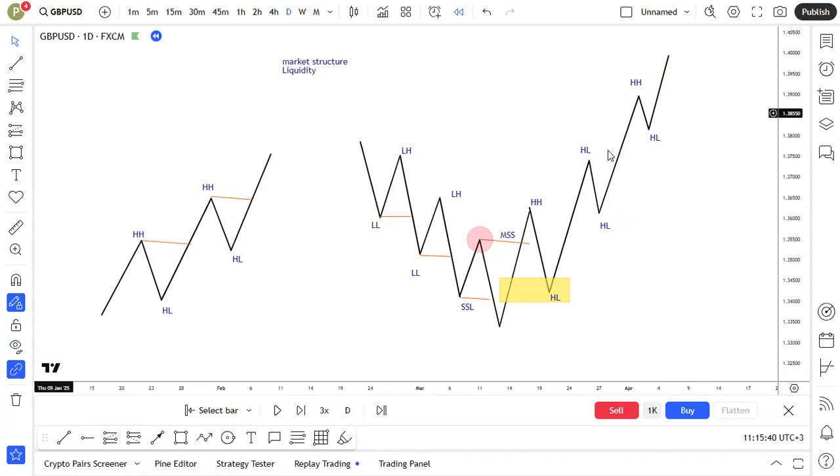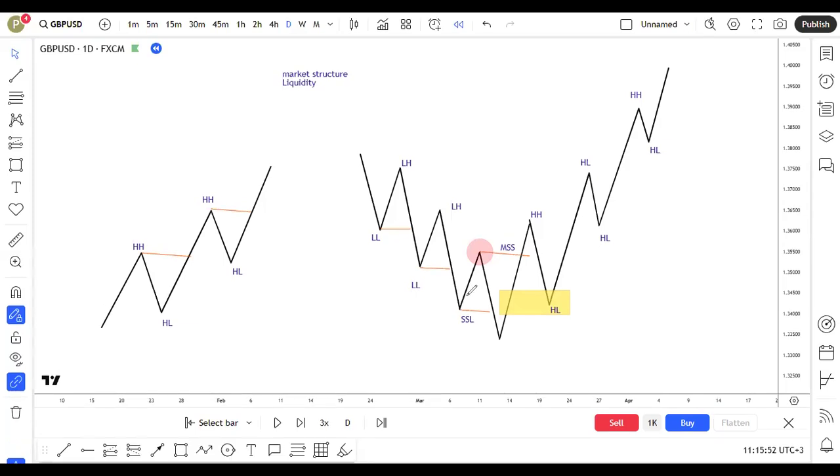Very simple details. But when we talk about liquidity, we are talking about the highs and the lows. Just like what I've explained here, price created sell side liquidity here. Why? Because price swept this lower low and didn't respect the lower high.